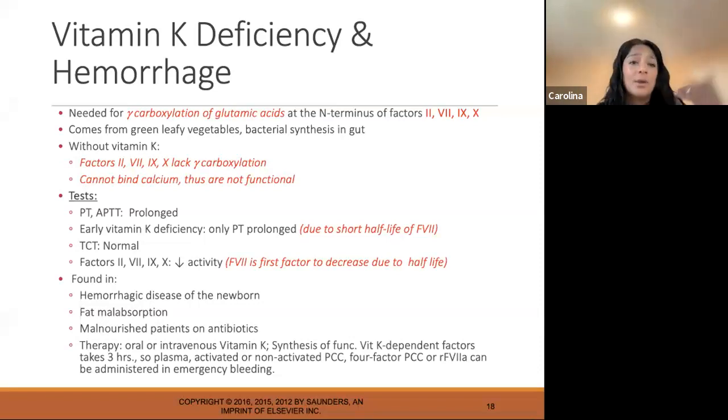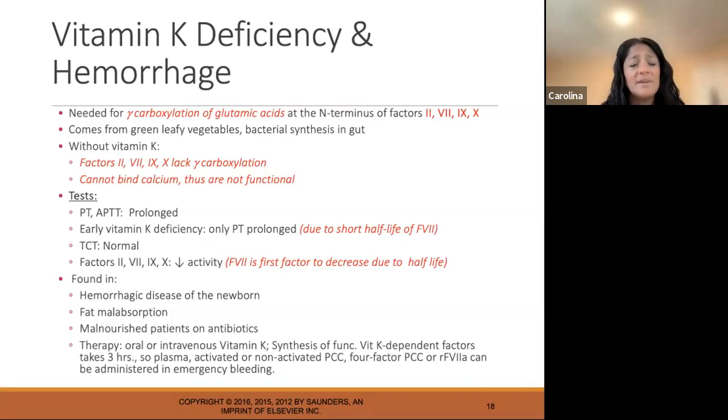You can monitor by looking at the PT, because the PT primarily looks at factor 7. Once vitamin K is in the system, the liver will make more functional factor 7.